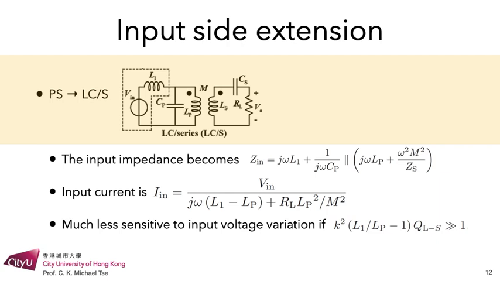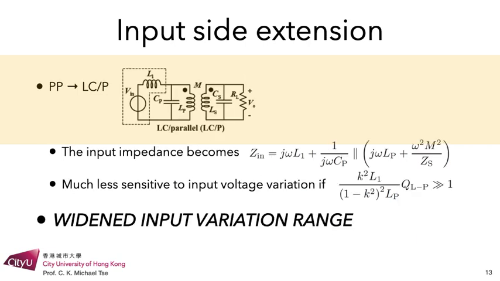By extending the second order to the third order, we generate a circuit which is much less sensitive to variation in the input voltage. For those of you who look at it as a current source, you can immediately appreciate that because this is a current source, the variation in voltage becomes less influential.